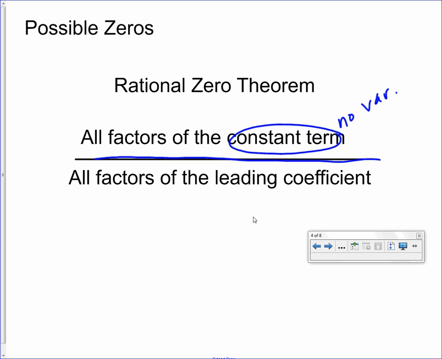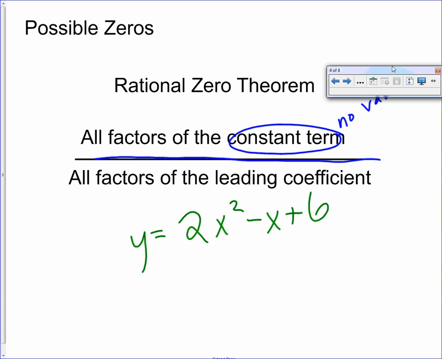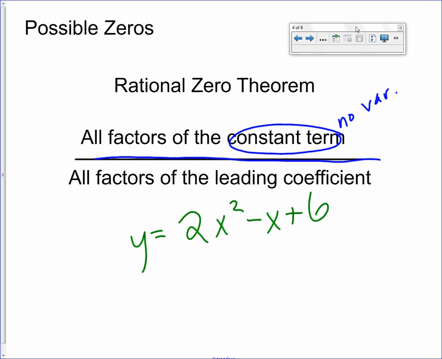So just as a quick example, let's suppose you have y equals 2x squared minus x plus 6. And I wanted to say, hey, where are the solutions? Where are the zeros? Right now, we can come up with just a list of some possibilities.